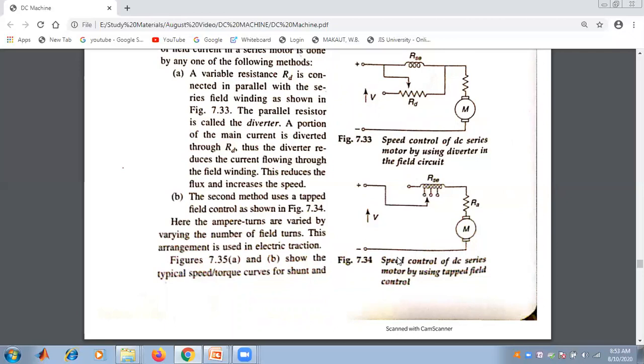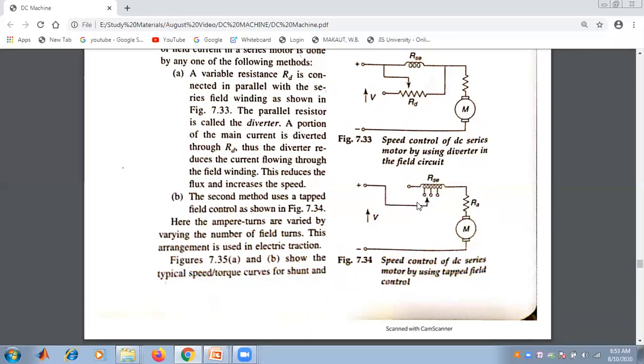And another is the speed control of DC motor by using tapped field control. So the second method is to use a tapped field control, a tapped field as shown. Here the ampere turns are varied by varying the number of field turns.